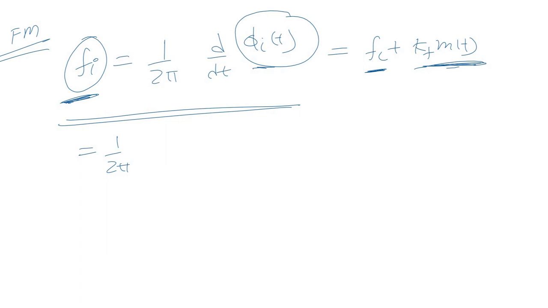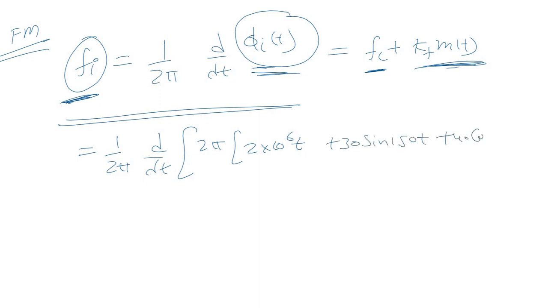So substitute the value of phi i here: 1 upon 2 pi, d by dt of 2 pi into 2 into 10 to the power 6 t plus 30 sin 150t plus 40 cos 150t.